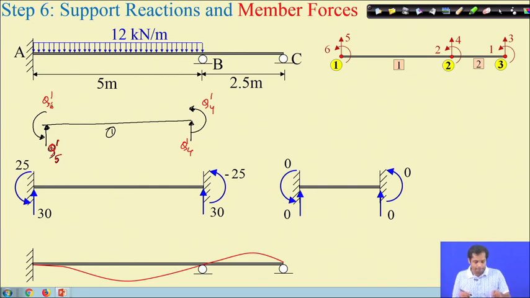Q4 and Q6 are the bending moments, and Q5 is the shear force.